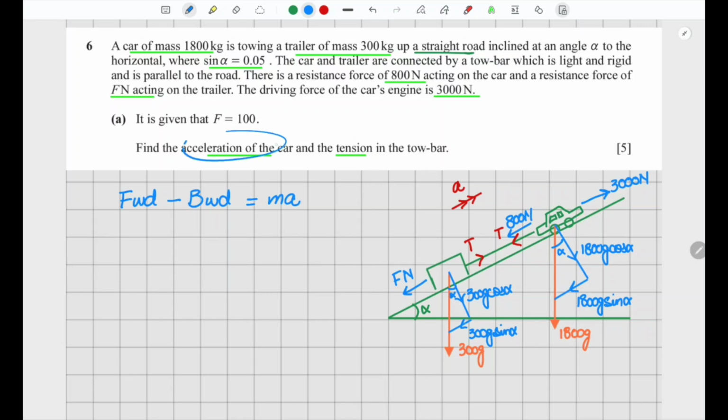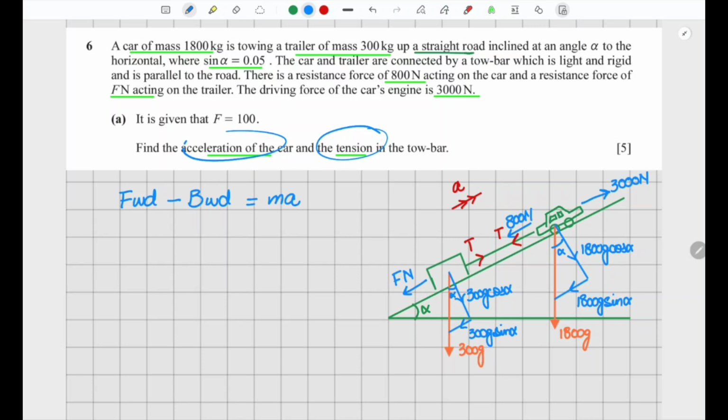We need the acceleration and the tension, so we can apply it on one particular body, or we can apply it on the whole system as a whole. So first let's apply it on the whole system.